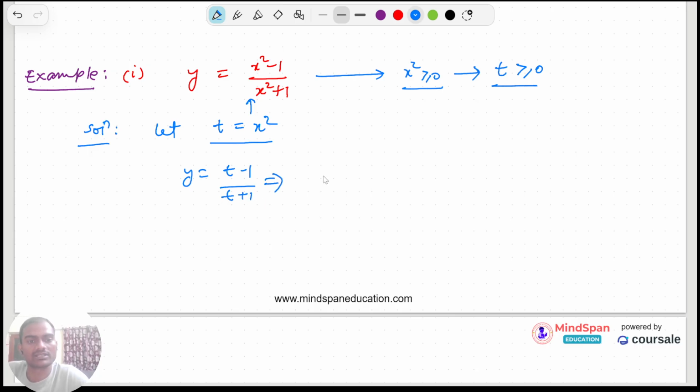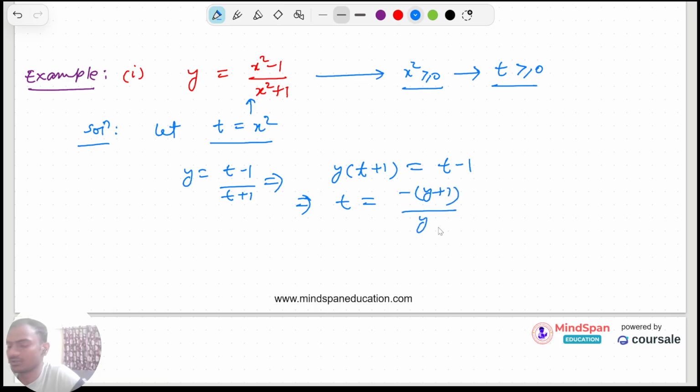If we calculate this by cross multiplication, we get y into (t plus 1) equal to t minus 1. If we simplify this in terms of t, finally we will get t equal to (minus y plus 1) over (y minus 1).